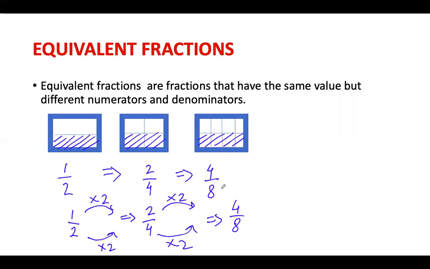So how can I get 2 over 4 from 4 over 8? We know when we multiply both the numerator and the denominator by 2, we get 4 over 8. But when we divide, how can we get it?